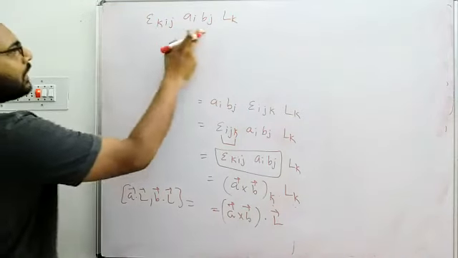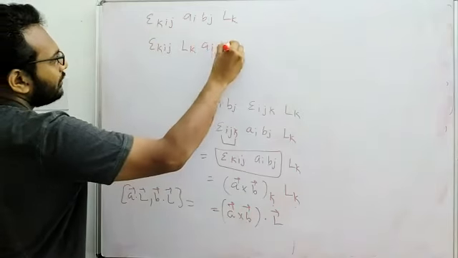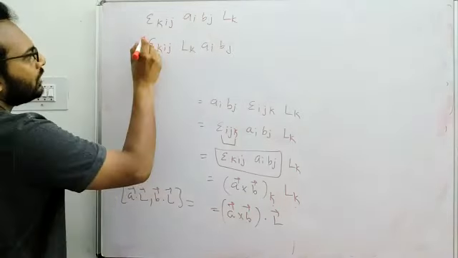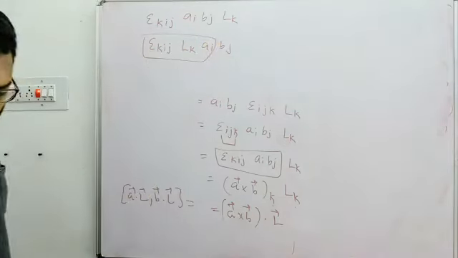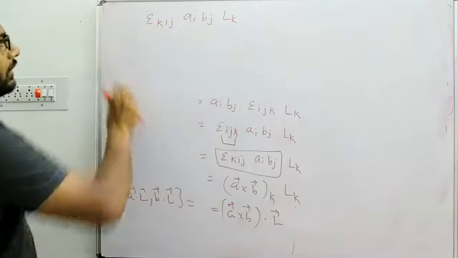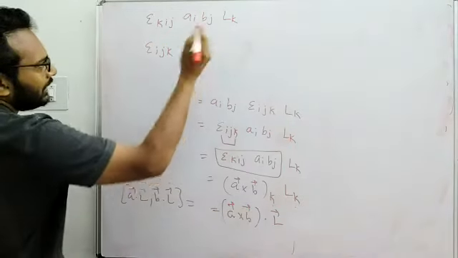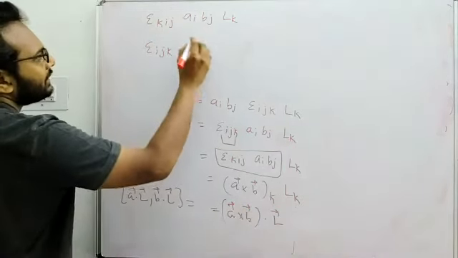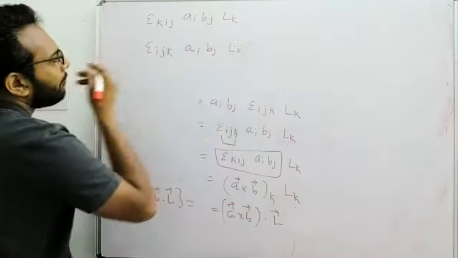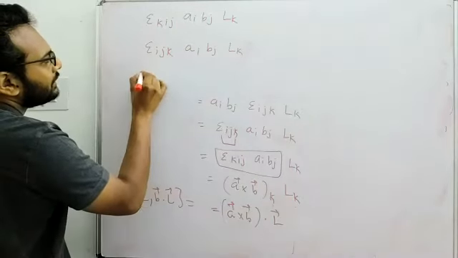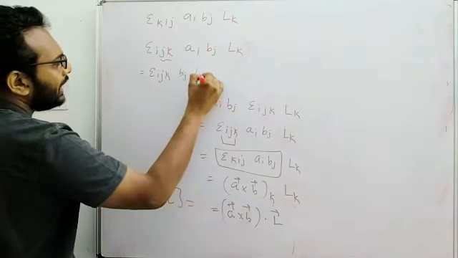I could also write this as epsilon ijk Ai Bj Lk, since we can interchange the indices. Now I combine Bj Lk, multiplied by Ai.